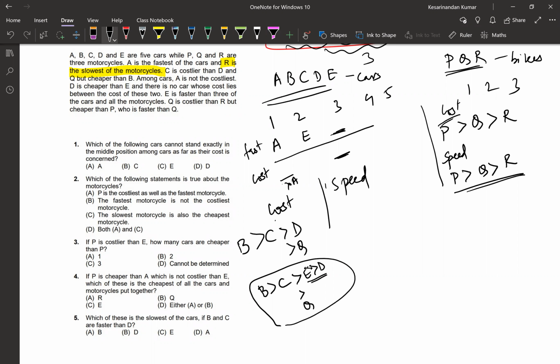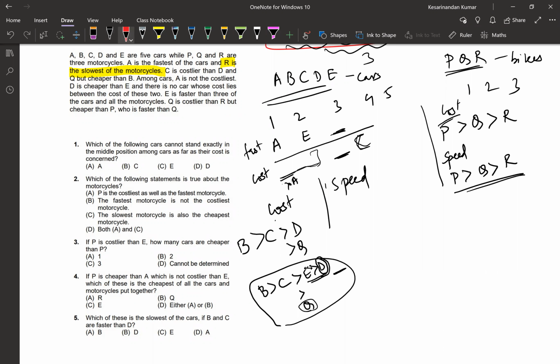So clearly there's D. For D to stand in the middle, at least two cars need to be costlier than D, and there should be two that are after it. But here at max we can have only Q, because we do not know the position of Q. We only know C is costlier than Q. That's it. It can come between C and E, it can come between E and D, it can come after D and E. So we have no idea on that.